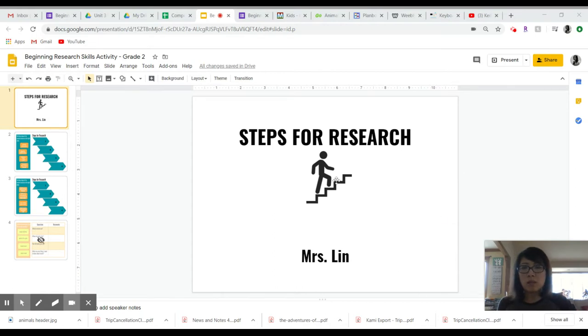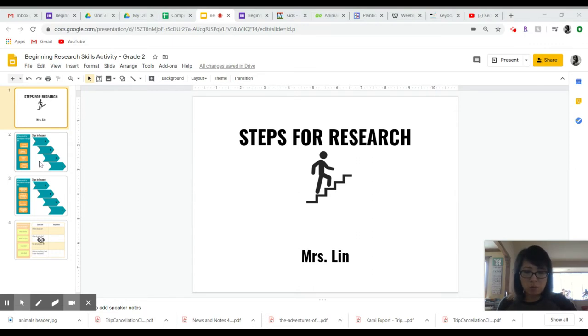So looking at this little presentation in front of us, this is called Steps for Research. Now, research is just a fancy word for looking up information on a topic that you're interested in. Okay. And we probably all do that already to some extent, and you just don't realize that you've been doing research, right?